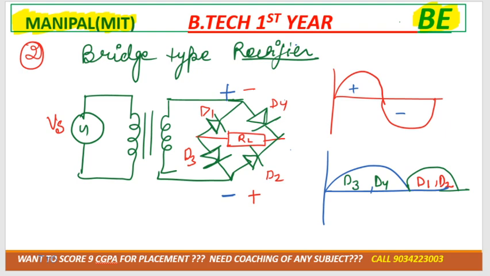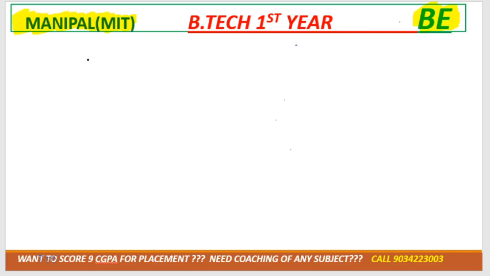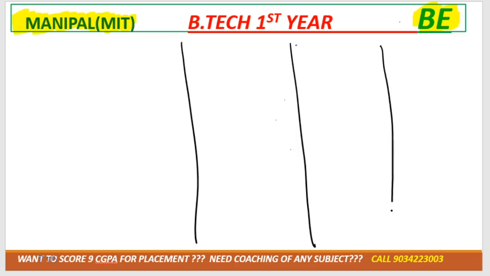Okay. Now see the formulas based on numericals. Again, write it down on the last page as I told you. So in this case they can give you a numerical based on any type of rectifier, maybe the half wave rectifier, maybe the full wave rectifier, maybe the center tap, or maybe the bridge type.